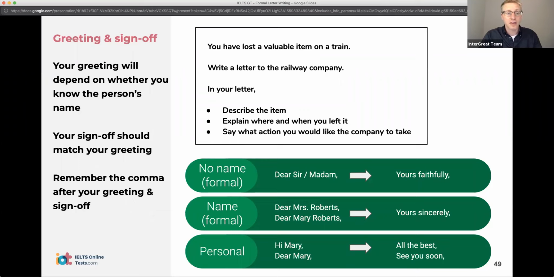A question from Kiki Lomo. They are asking, how many sections are there in this writing part? I'm not quite sure what you mean, whether it's the sections of the letter or the test.